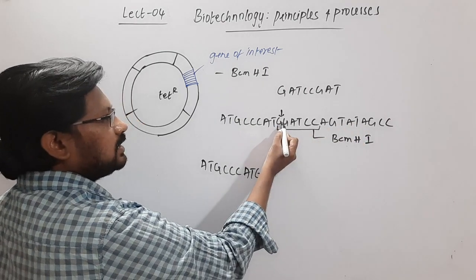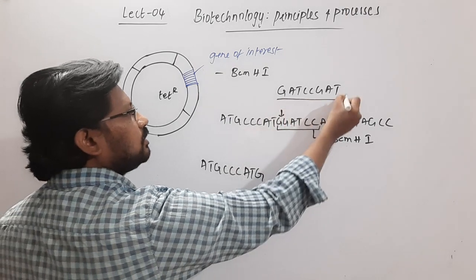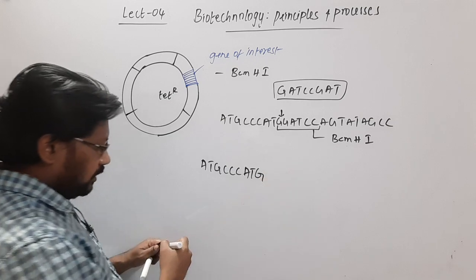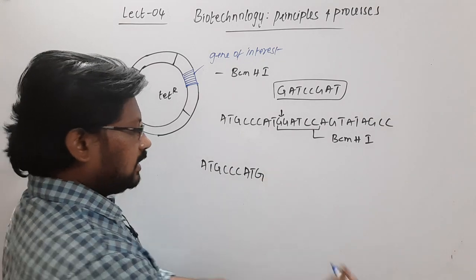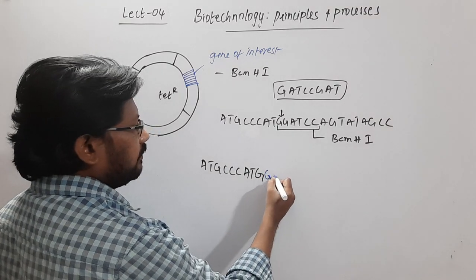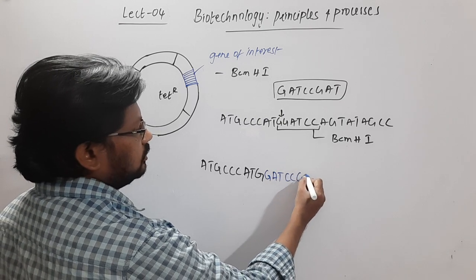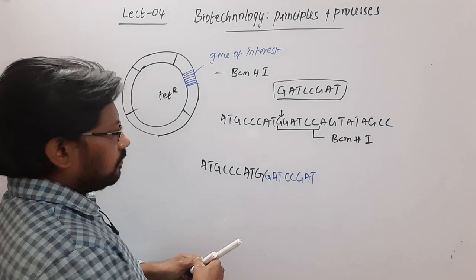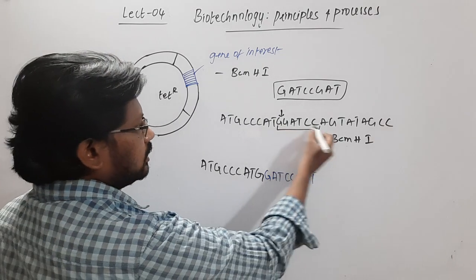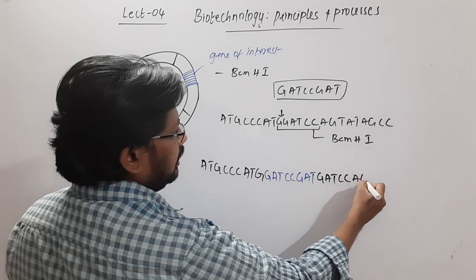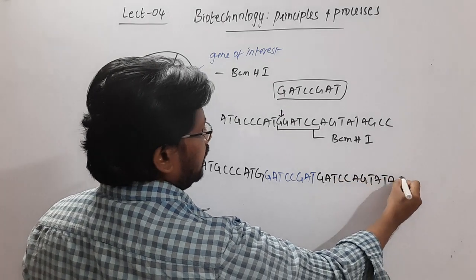Into this I'm going to put this gene of interest here. So that will be an insert here. I'll mention it with a different color so we can identify it. GATCC, GAT, and then the next continues, GATCC, AGTATA.